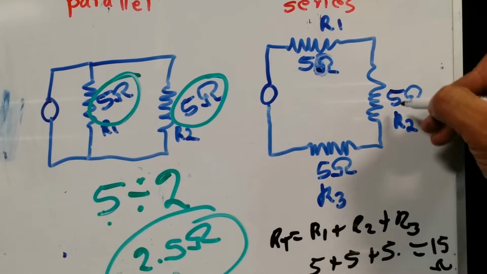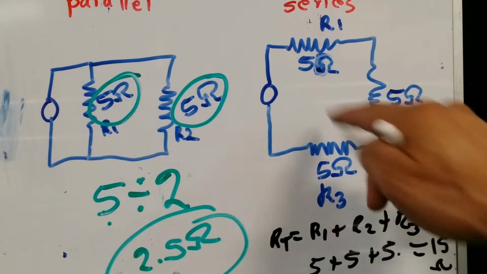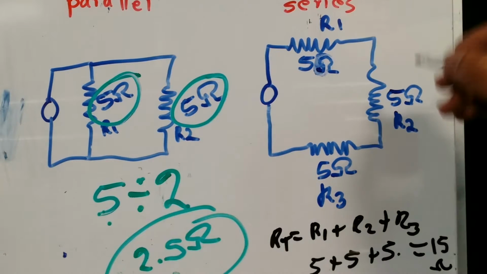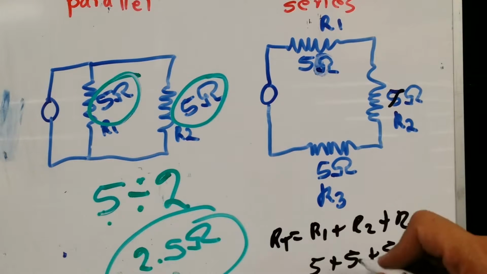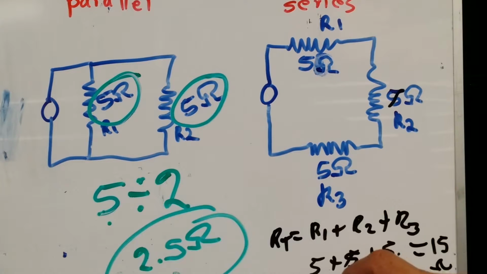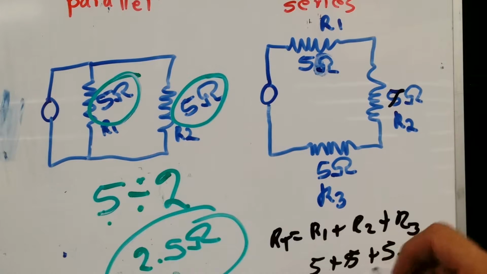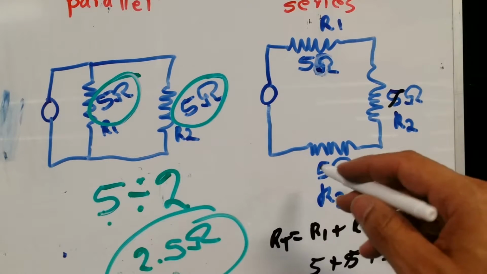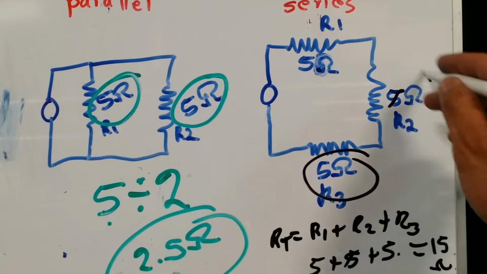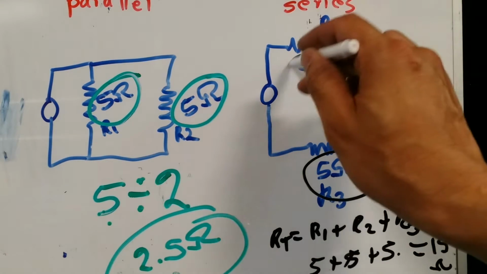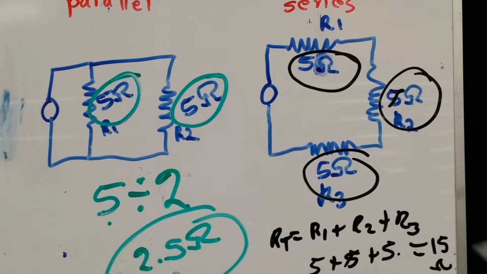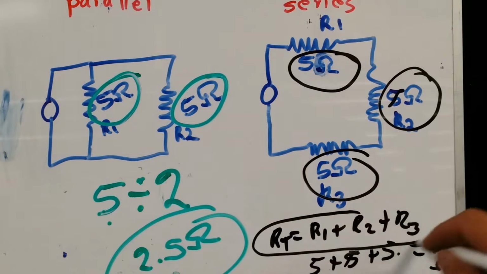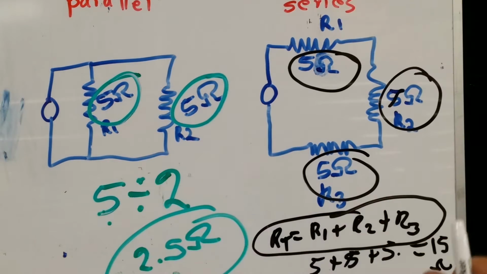The reason why I'm doing this is not because they are the same resistors. If this had been 8, that would have been fine. I could have just put 8 over there. 5 plus 8 would have been 13, and plus 5 would have been 18. So for series resistors, the values of the resistors do not, I repeat, do not have to be the same to use the very fast and only formula for series circuits.